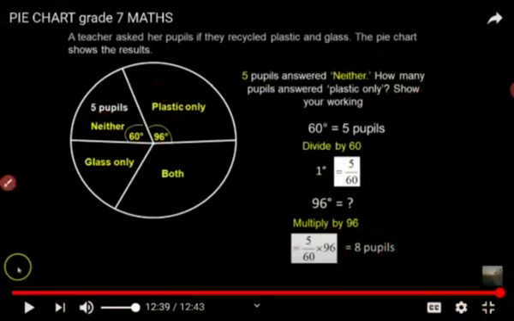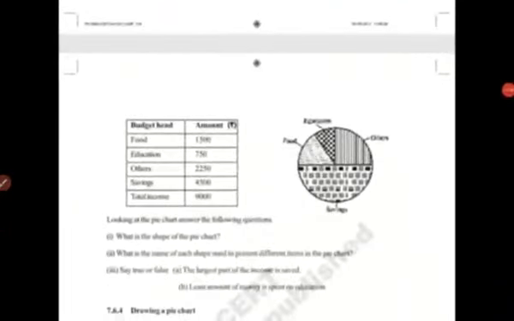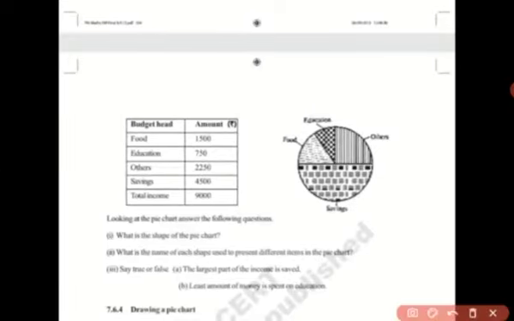All right, so let's see this. It's a pie chart given here, showing the budget heads: food, education, savings and other amounts. The money is shown and it is drawn in this manner. You obviously need to calculate all these amounts and angles, and then draw like this in the chart.